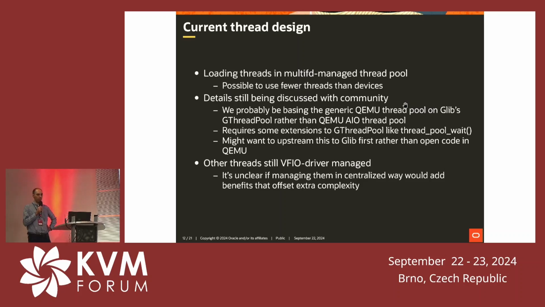So it might be a good idea, and it's still being discussed, to first add this new method to glib's GThreadPool and then use it in QEMU, or to open code it in QEMU. That's about the loading threads.